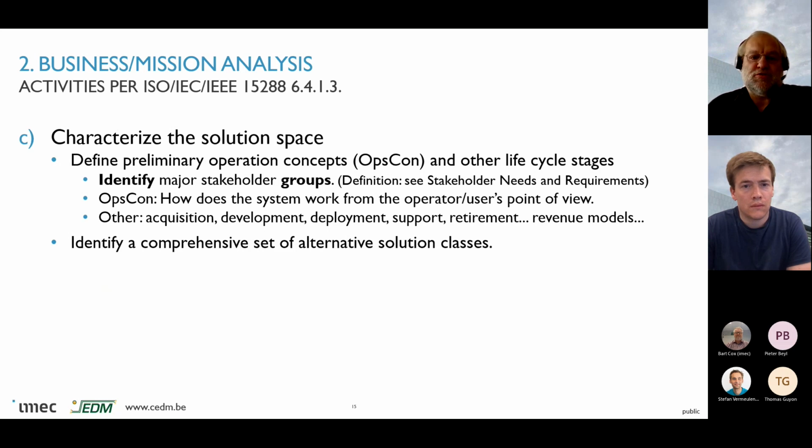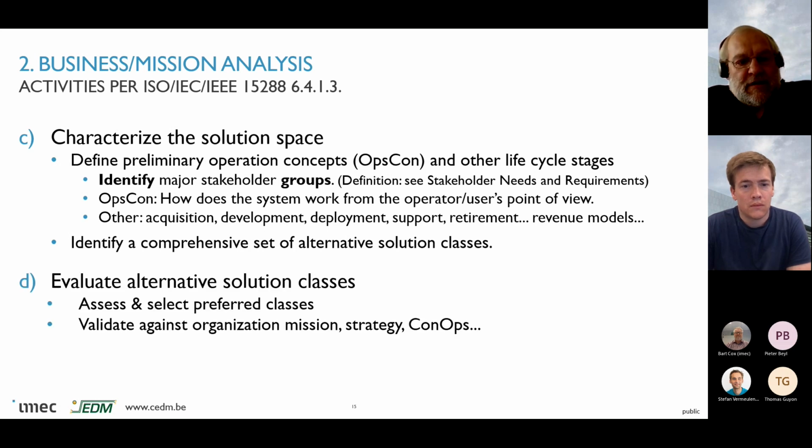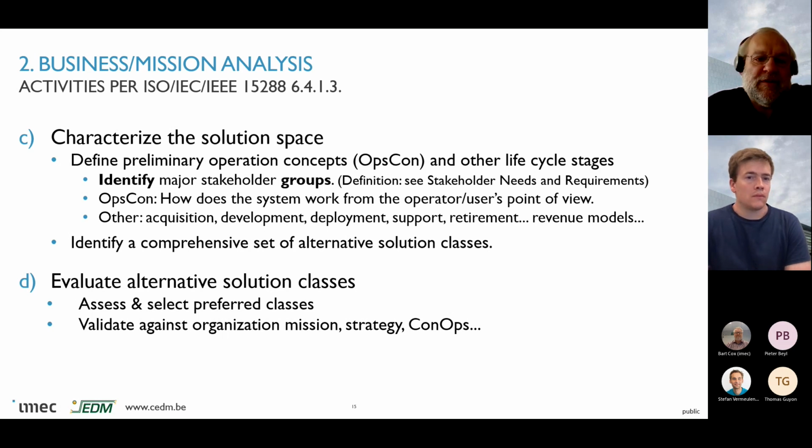These are different solution classes, but they are not yet the definition of the solution itself. These solution classes need to be evaluated and then selected, which ones are the preferred ones. And this we have to validate against our organization, mission, strategy, all these things we have listed before, to see whether these solution classes are valid, viable for our company.